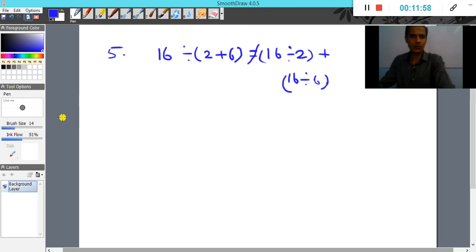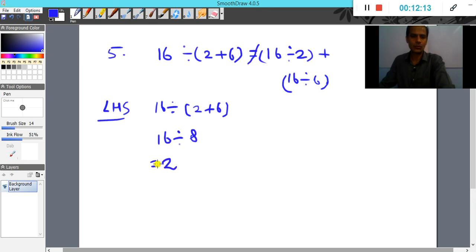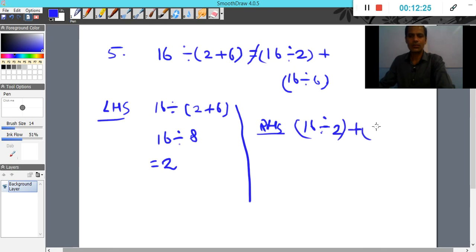Now to prove this, find the value of LHS. LHS is 16 divided by 2 plus 6. It is 16 divided by 8, that is 2. Okay, and on the right hand side we have 16 divided by 2 plus 16 divided by 6.